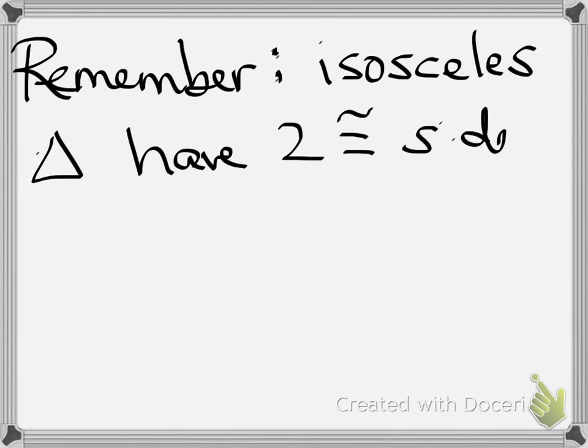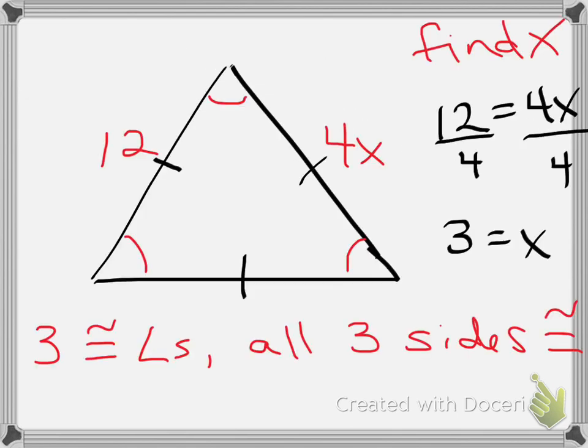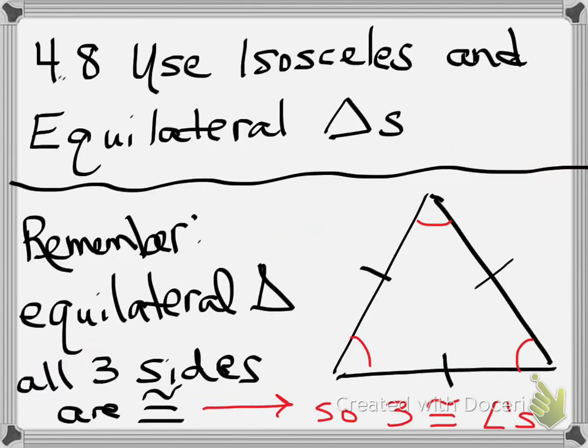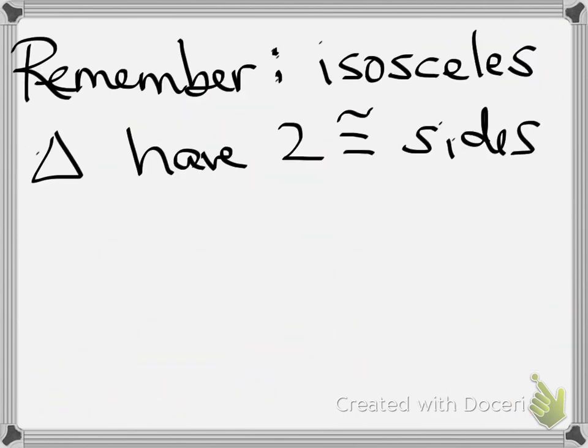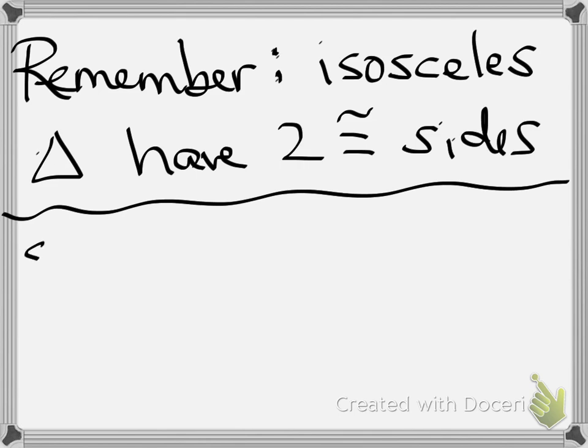Well, let's think about this. Going back, equilateral triangles had three congruent sides, and that meant all the angles were equal. An isosceles triangle has two congruent sides, so we have two congruent angles.